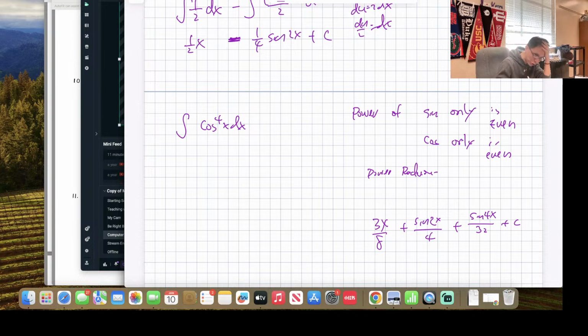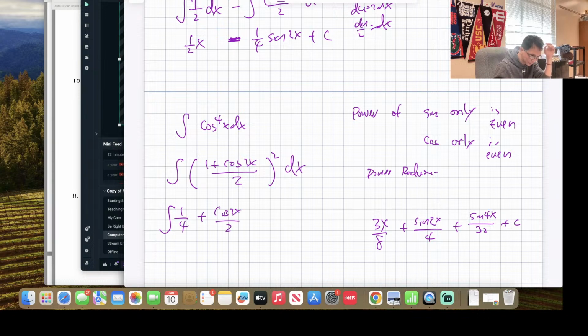All right, so this one you should have written down as the integral of (1 plus cosine of 2x over 2) squared dx. Brian had the same answer as you. Expanding, and if you expand it correctly, it should be 1/4 plus cosine of 2x over 2 plus cosine squared of 2x over 4 dx.